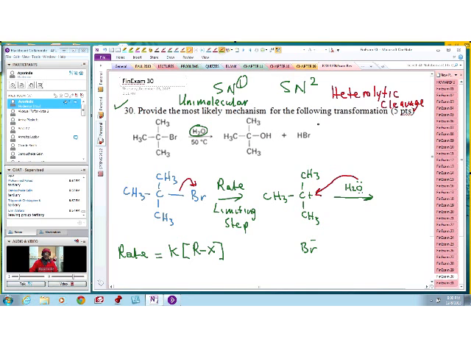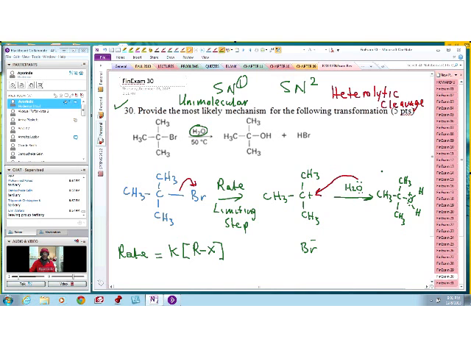Once it does that, we now have, because water is using a pair of non-bonding electrons, this oxygen positively charged.